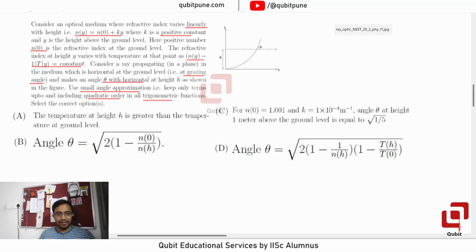And this is the graph that they have given us. This is the x-axis, this is the y-axis, and that's the optical medium. The ray is going to propagate in the medium, and it is shown to be entering like this.